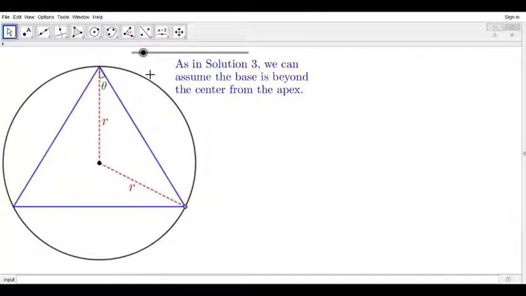as in the third solution, because we're interested in the isosceles triangle with the largest area, we may assume that the base is below the center. That was an observation from solution number three, which we did not use in the first and second solutions.